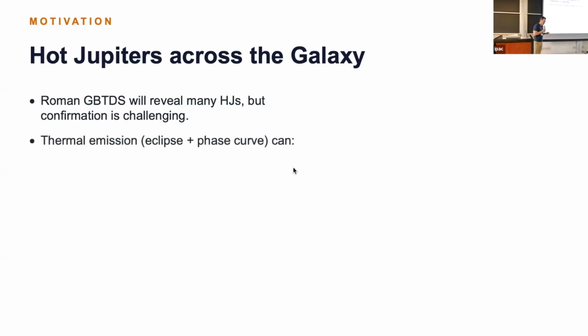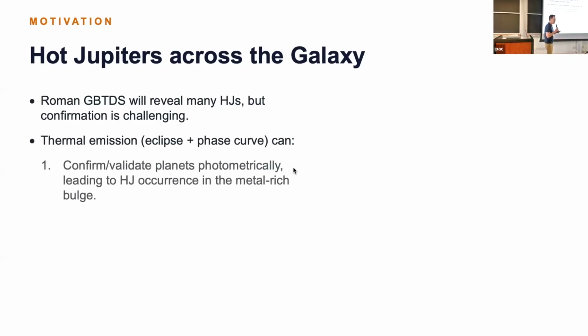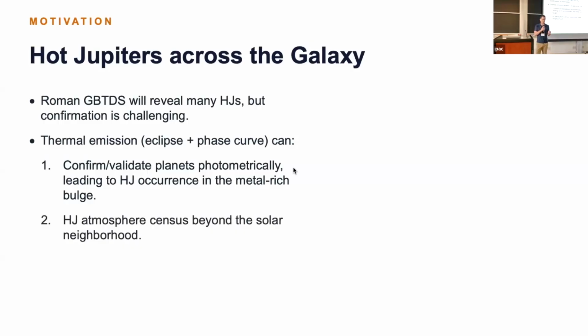So what I hope to show you and maybe convince you is that by detecting the atmospheres of these hot Jupiters, and again, I'm focusing only on the hot Jupiters, we can differentiate between the real planets and false positive scenarios. And by doing that, we can confirm or validate, we can debate the exact terminology, and also study those hot Jupiter atmospheres.